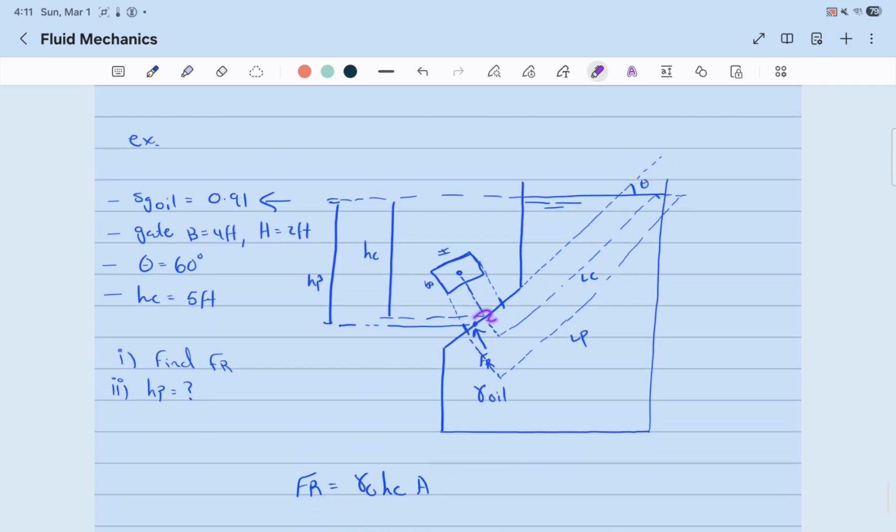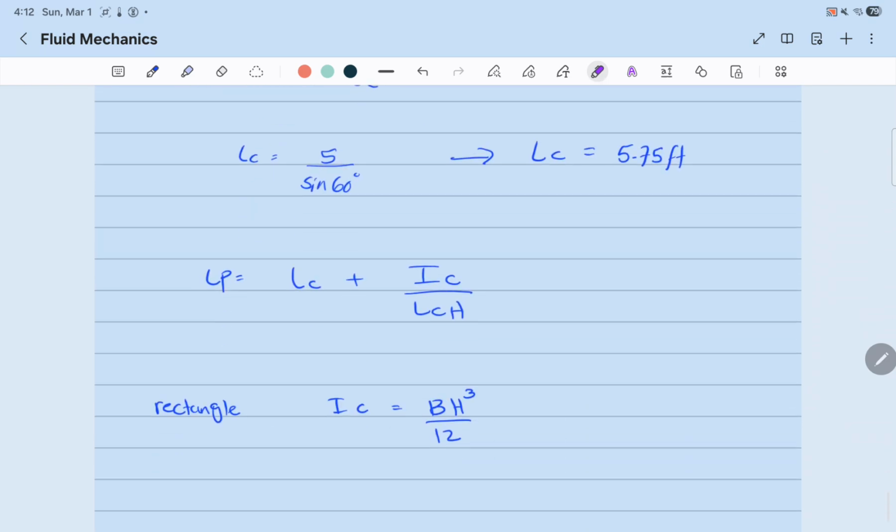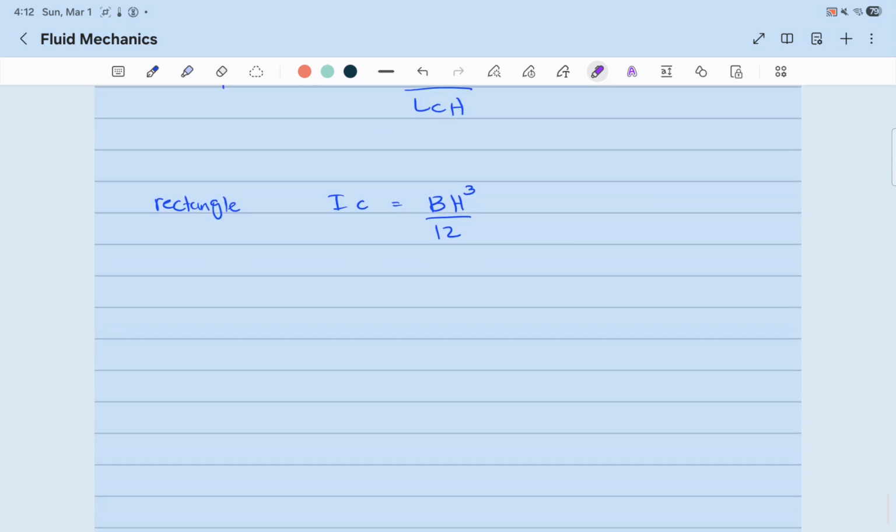So if you pay attention, the height is usually going vertically in an inclined angle, and the base is going horizontally.